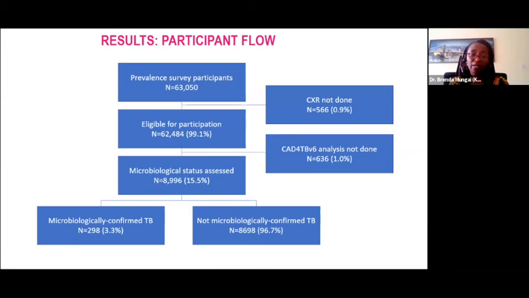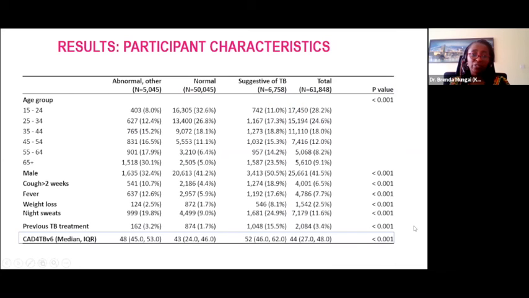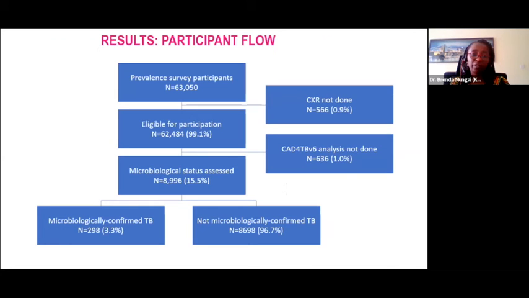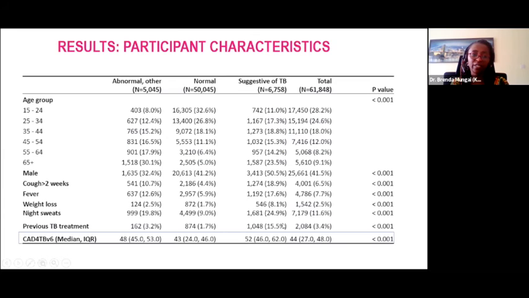However, microscopy was not used as part of classification of bacteriologically confirmed. So our true status was confirmed by Xpert and culture. I'll share some of the results. So, just to say that out of this, 3.3% were bacteriologically confirmed, while 96.7% were negative.